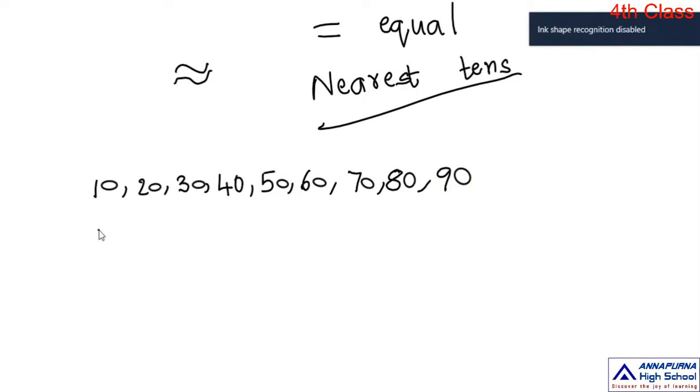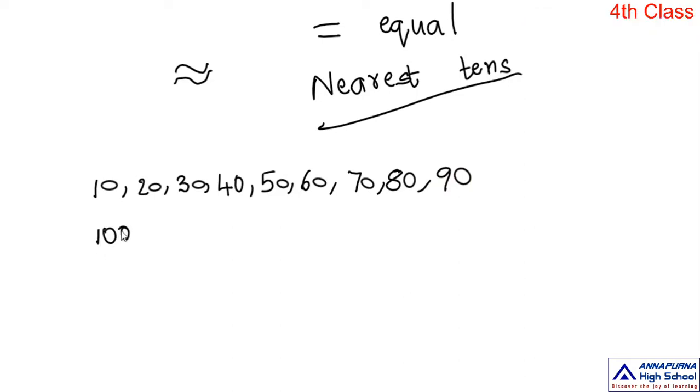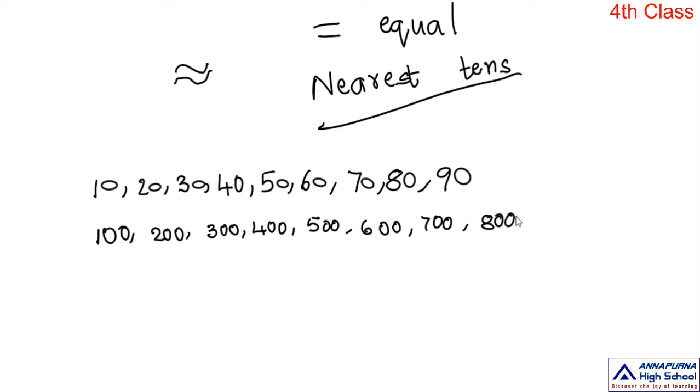Hundreds. So what are the hundreds? 100, 200, 300, 400, 500, 600, 700, 800 and 900. After 900, no more hundreds are there, then you will go to 1000.